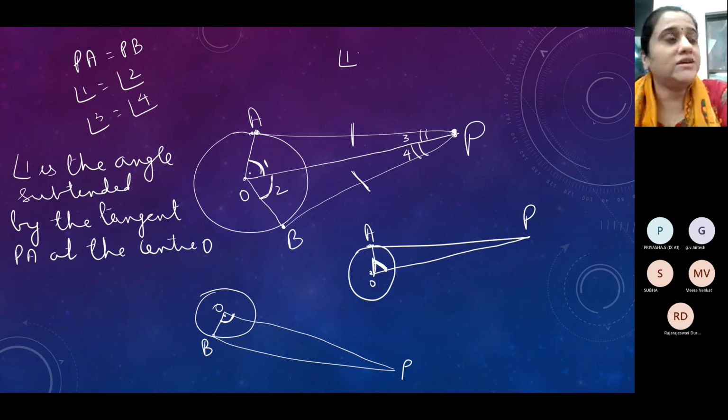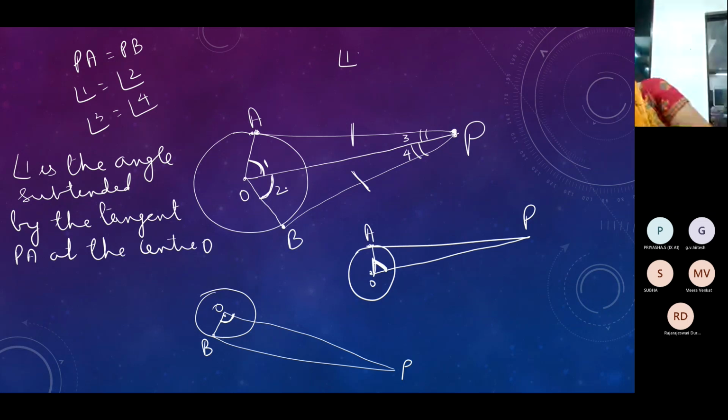So angle 1 is the angle subtended by the tangent segment PA at the center. Angle 2 is the angle subtended by tangent segment PB at the center. Correct?